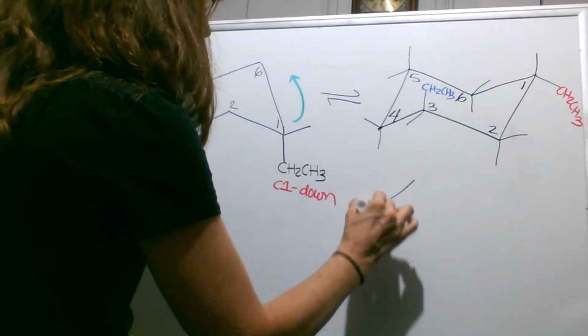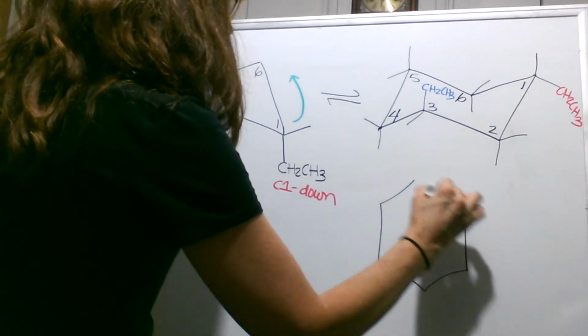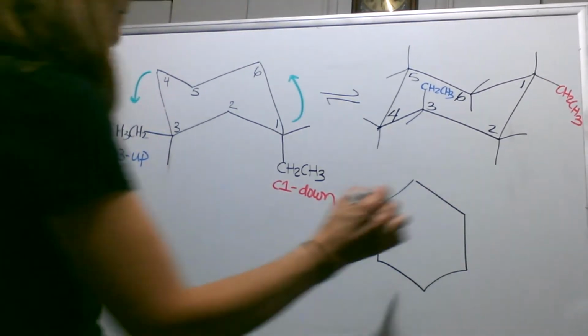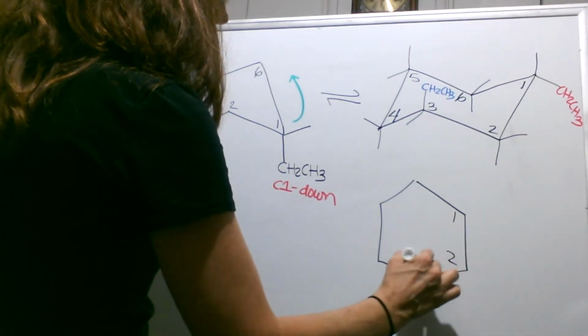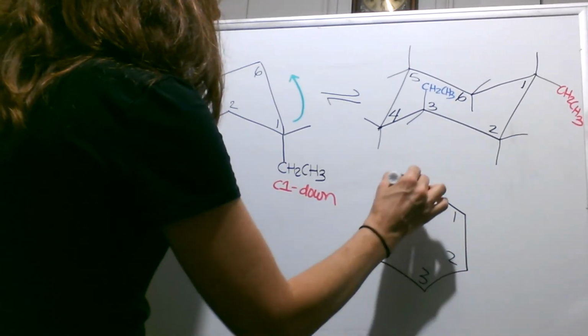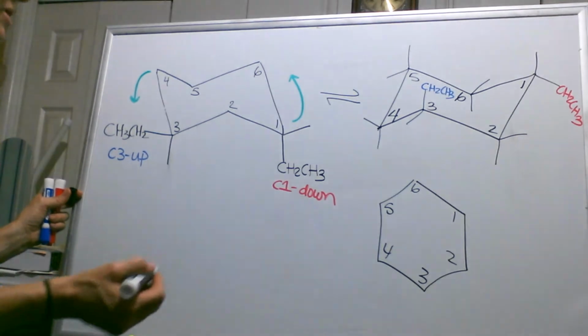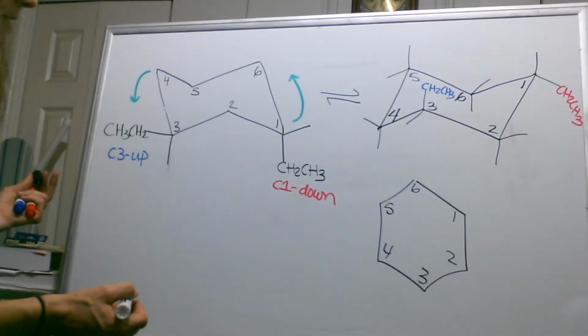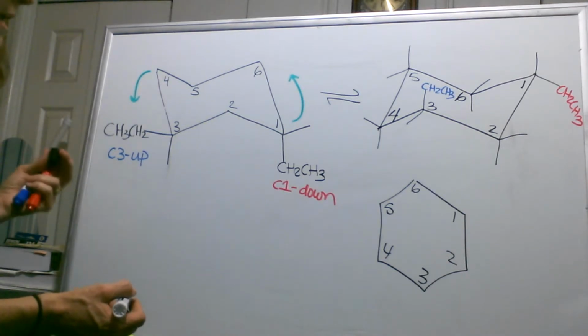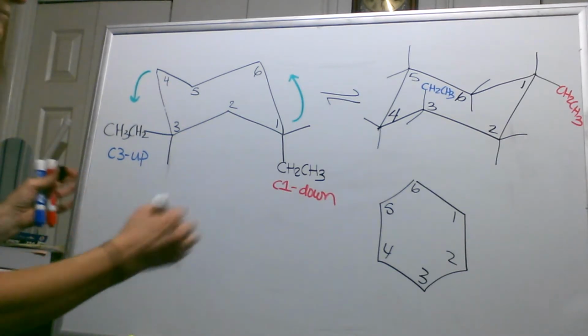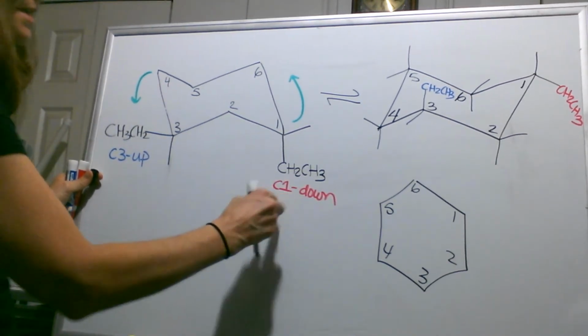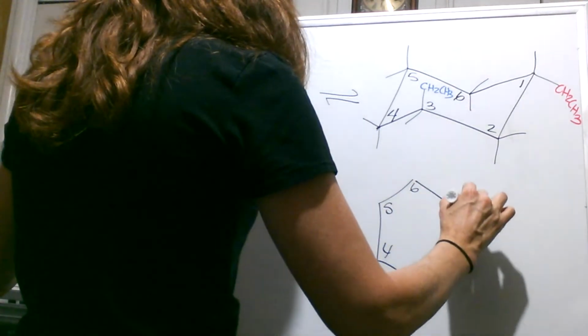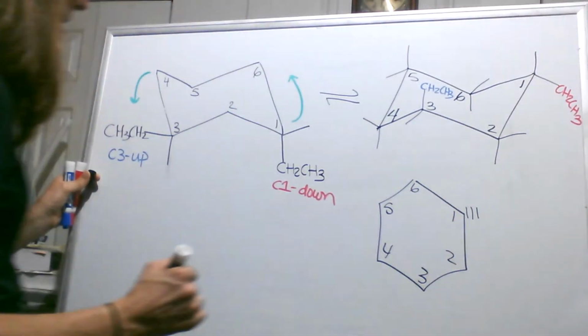And then the final part of this exercise is to draw the perspective drawing. The numbering can be wherever we want because we are placing the substituents where they need to go. The only thing that we really need to keep track of is whether those bonds are up or down. So the bond on C1 is facing in the downward direction, so we draw that as a dash.